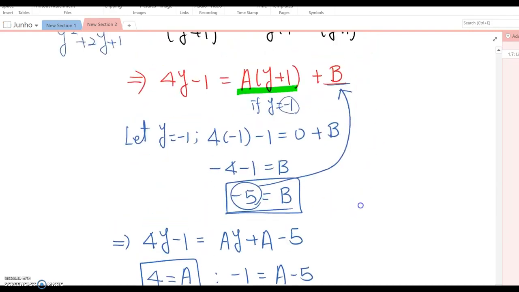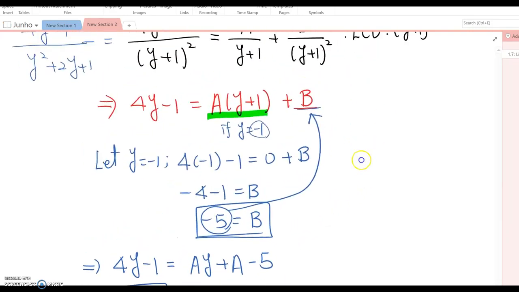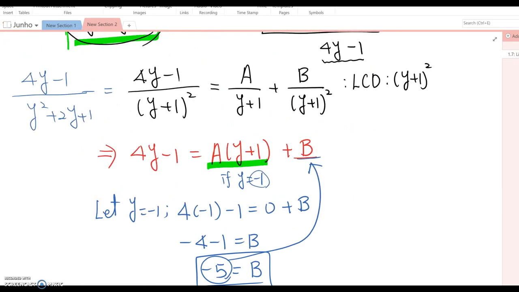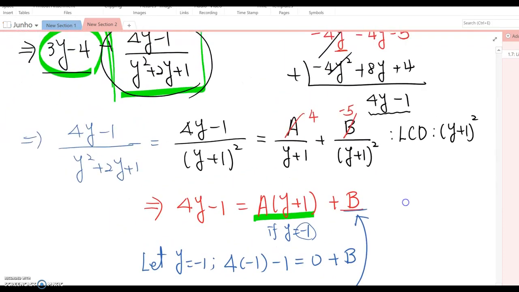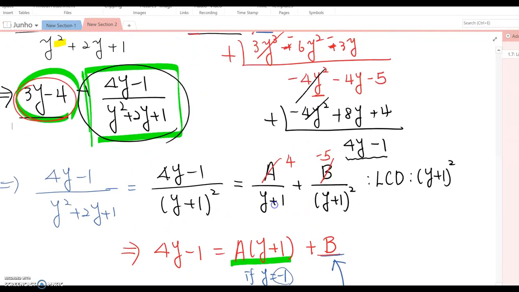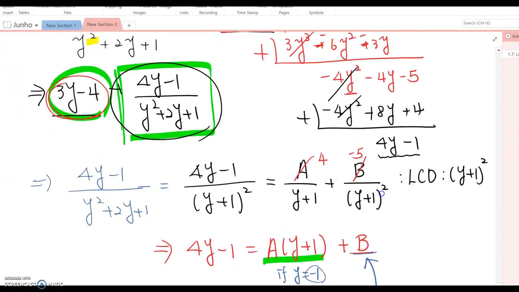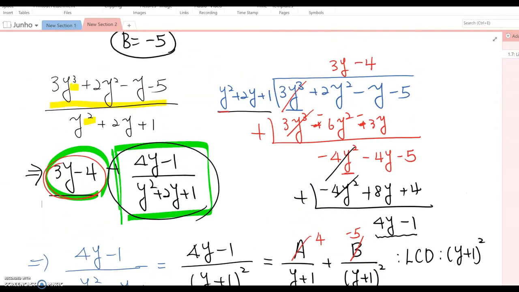Okay, so now I'm going to rewrite a equals 4, b equals negative 5. But don't forget we have this quotient already. Therefore, I'm going to write it here for you. So erase this part.